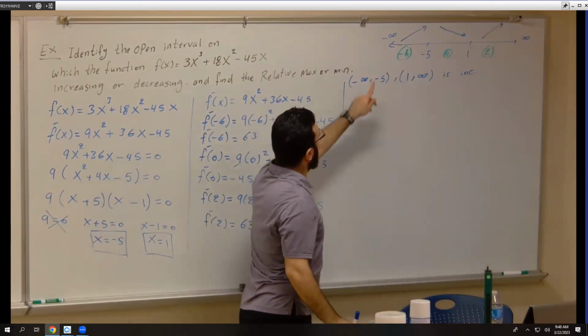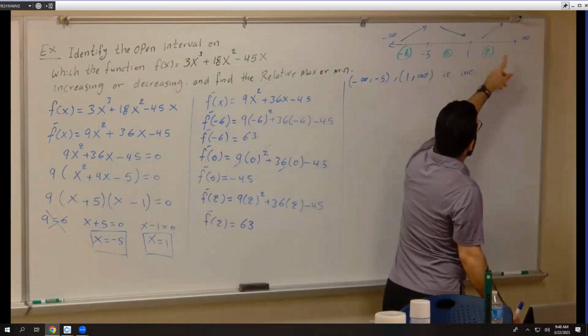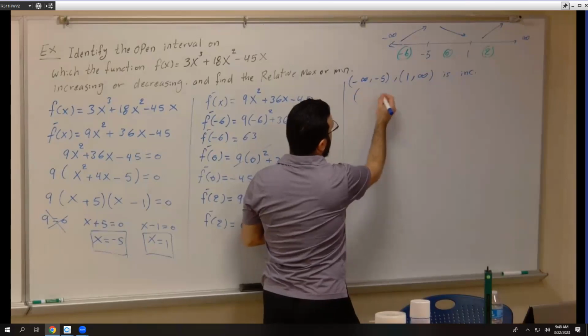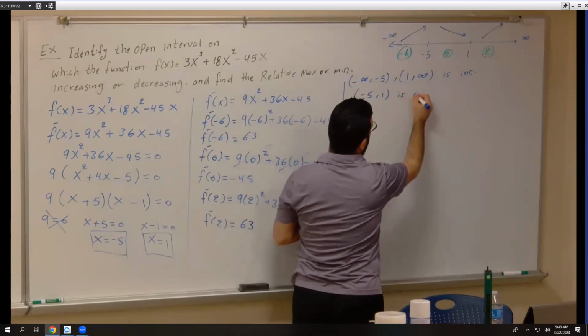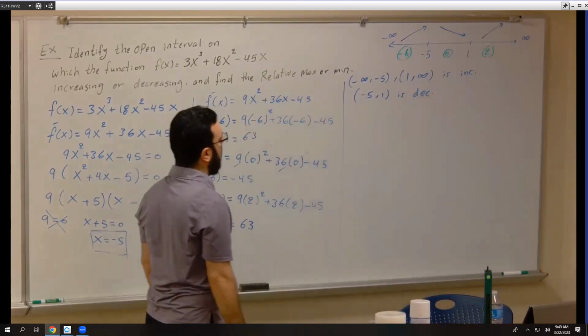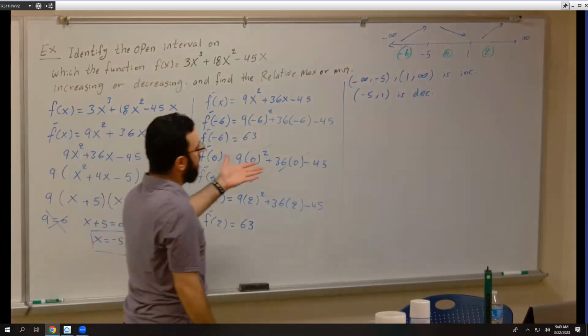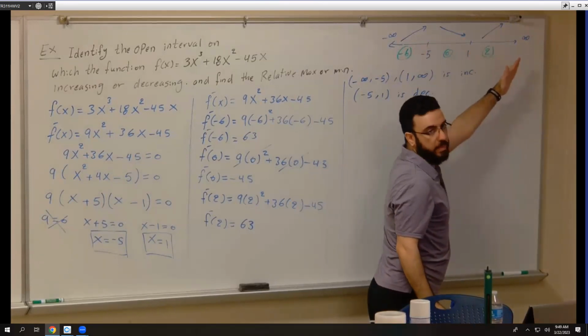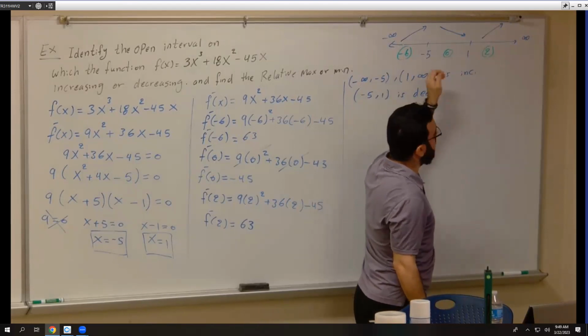From -infinity to the critical number -5, and from 1 to infinity it is increasing, and from -5 to 1 it is decreasing. Now you can tell from this simple graph that this is a max and this is a minimum. Max, minimum, but here is -5 and 1. We need to find the point.